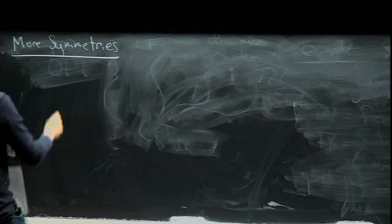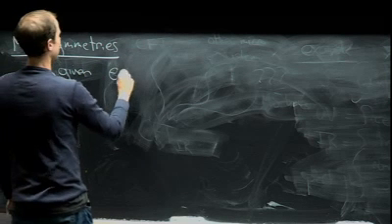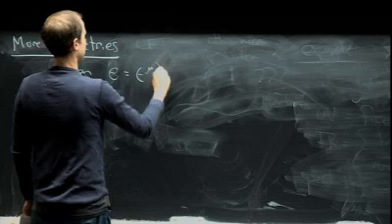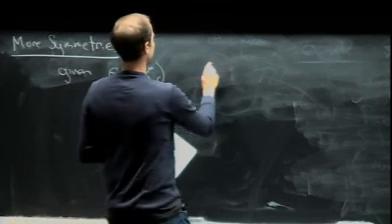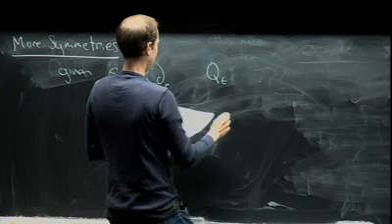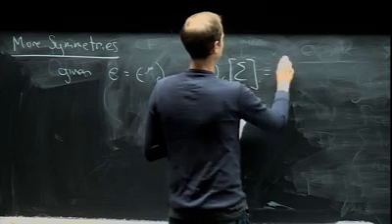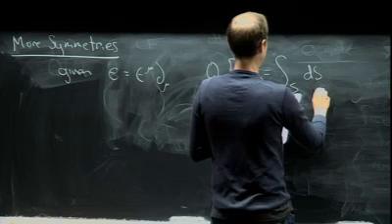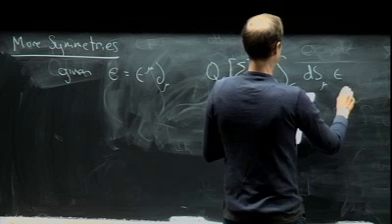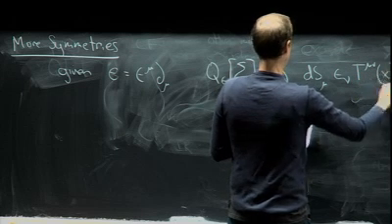So in general, if we're given some vector field, I'll call epsilon, then we can define a charge q of epsilon associated with some surface sigma as an integral over sigma of d s mu epsilon nu T mu nu of x.